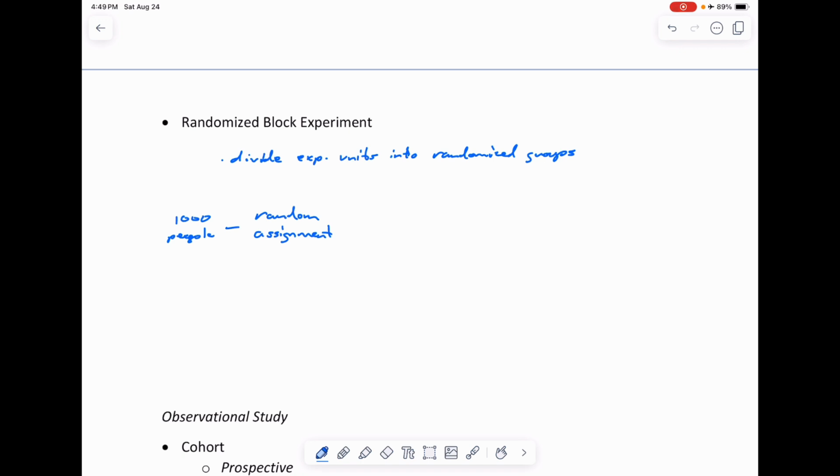So group A and group B, we expect to have both roughly the same number of healthy and unhealthy people. If we believe that gender somehow has an impact on the drug's efficacy, male, female, all that kind of stuff. So we randomly assign. Group 1 is going to have 500 people. Group 2 is going to have 500 people.